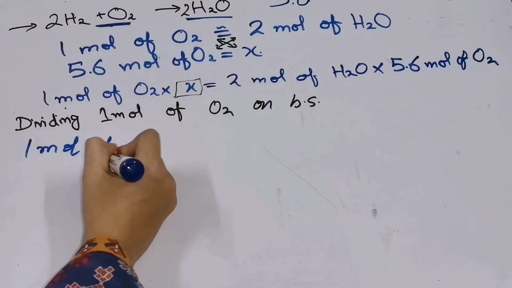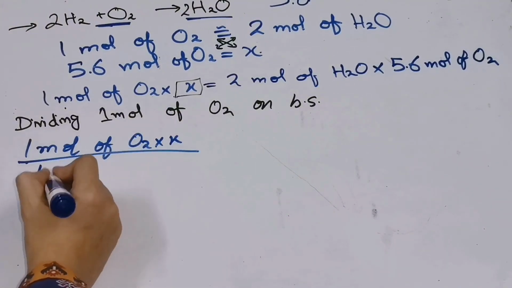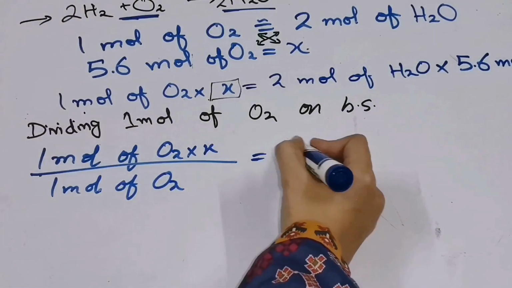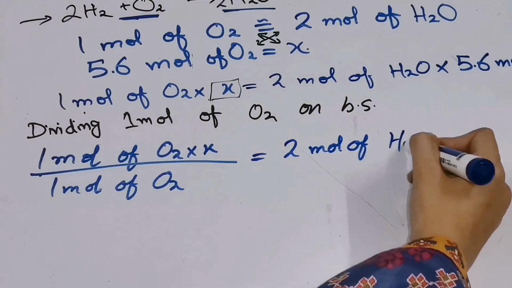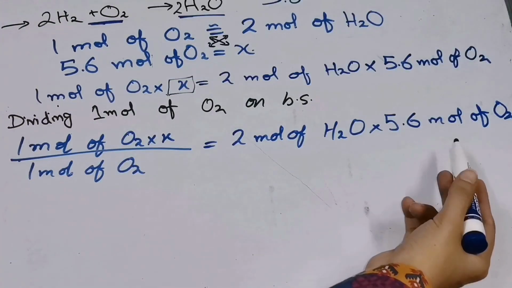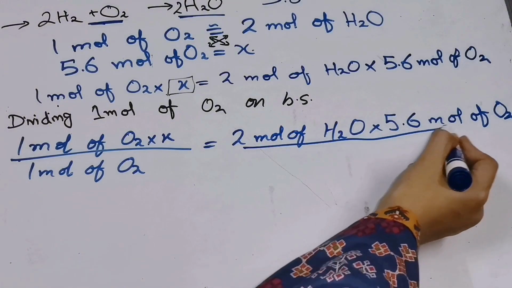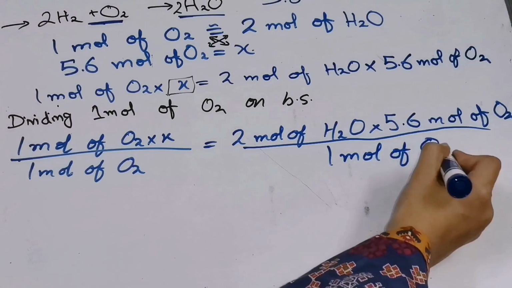We will again write 1 mole of O2 multiplied by X divided by 1 mole of O2. Then on the other side, 2 mole of H2O multiplied by 5.6 mole of O2 divided by 1 mole of O2.